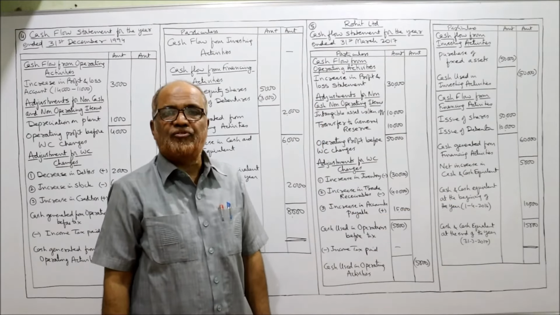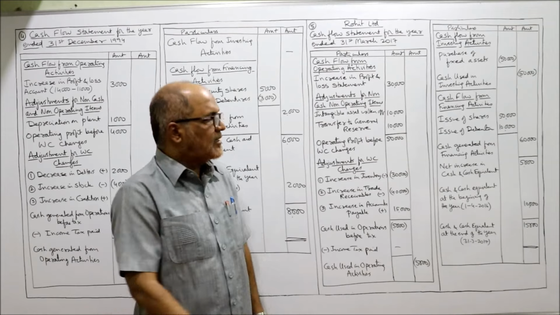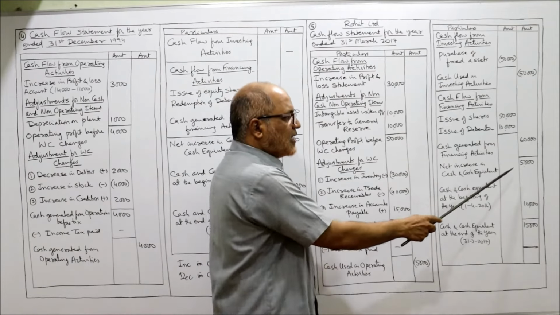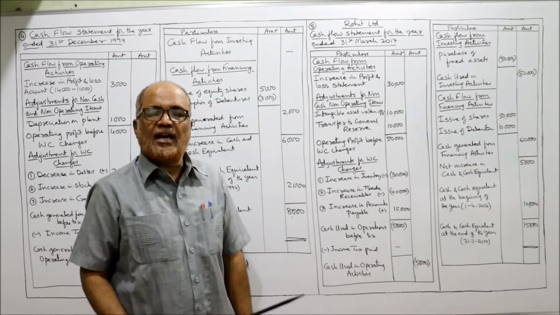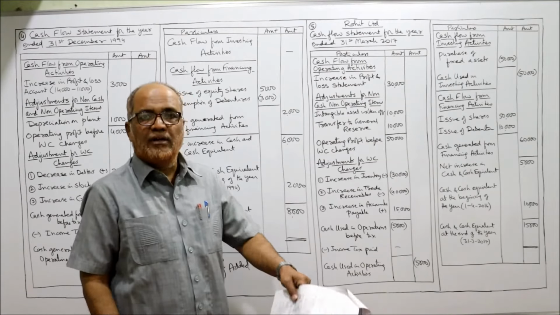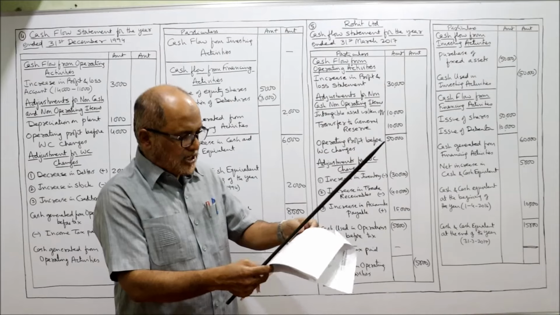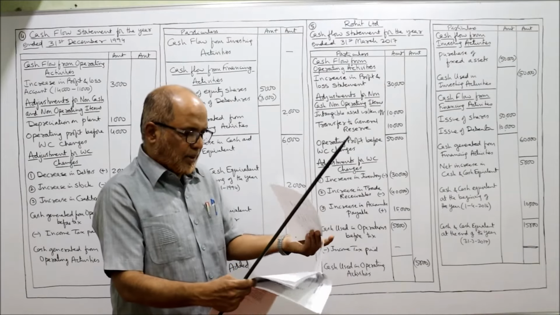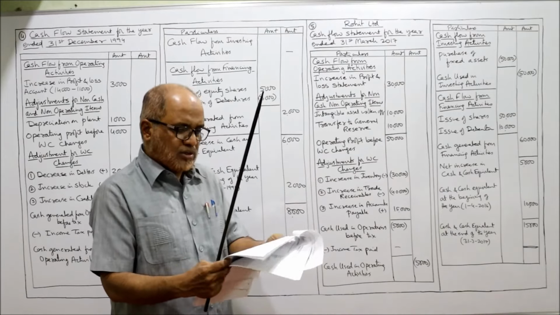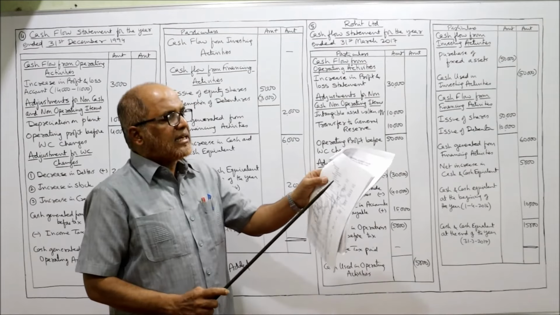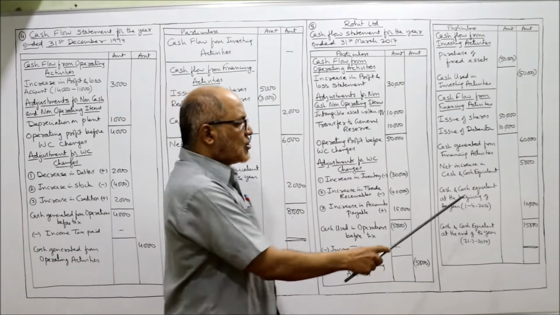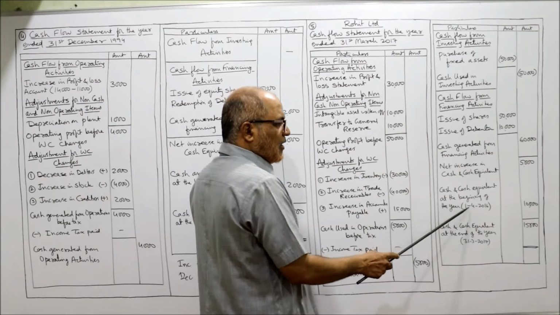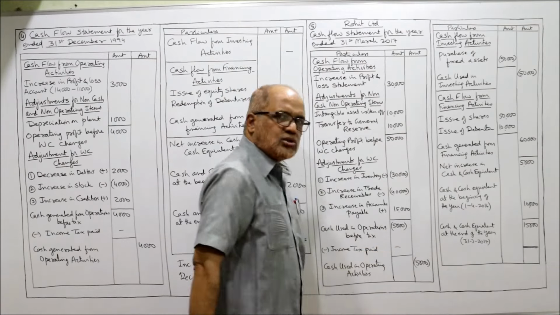The net increase in cash and cash equivalent is 5,000. To this we add cash and cash equivalent at the beginning of the year. Last year, how much was the cash and cash equivalent? It is given in the problem, 10,000. So cash and cash equivalent at the beginning of the year, 1/4/2016, is 10,000.